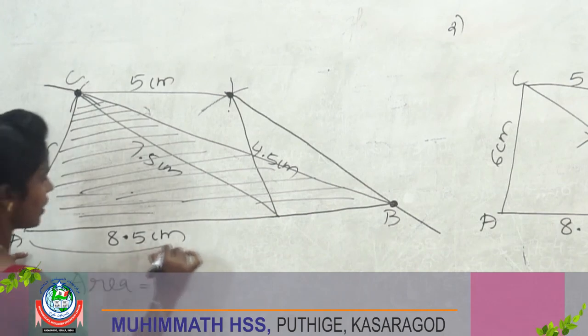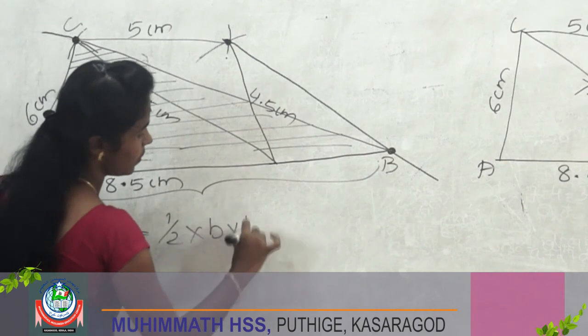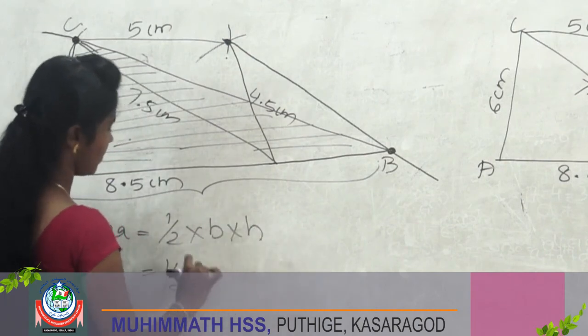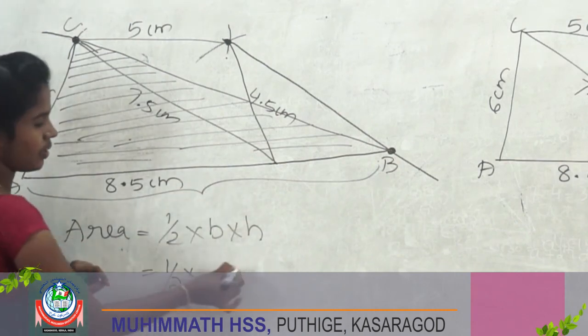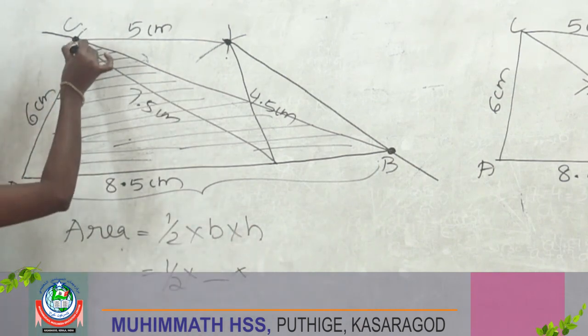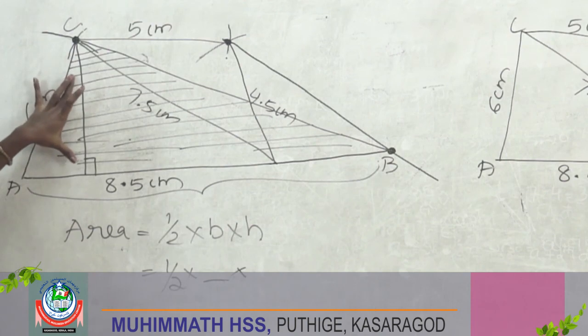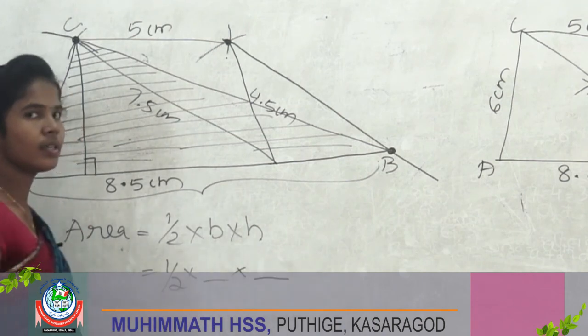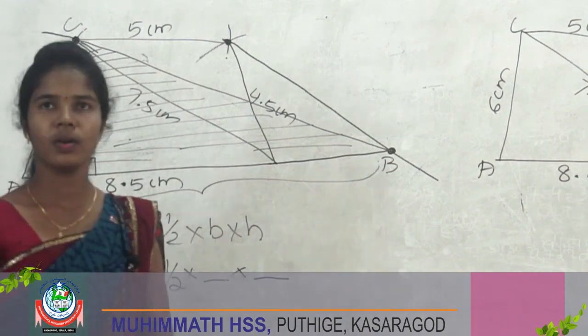So you find out its base, half into B into H. Find out the length of AB, and height. Which is the height here? Yes, it is perpendicular length. Mark a perpendicular line and calculate the length by using your scale and write that measure here and calculate its area. Okay, that's all in today's class.